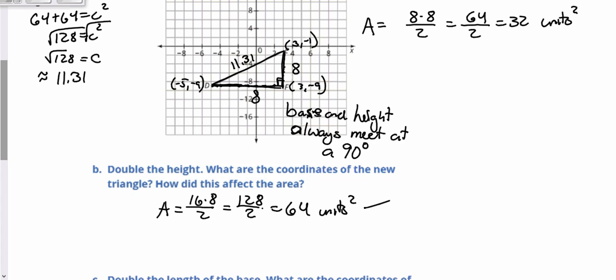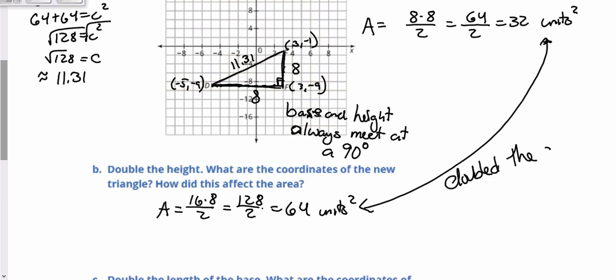So it doesn't matter if it's a triangle or a rectangle, a quadrilateral, it's still going to double the area when you double one dimension.